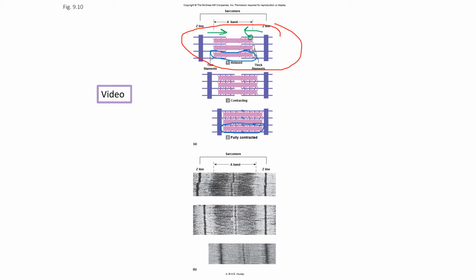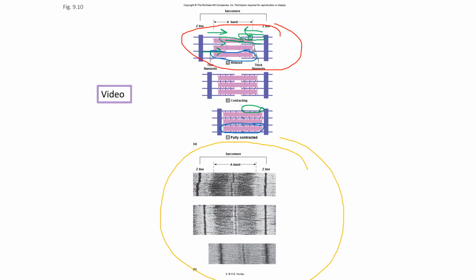And likewise, is the actin down here on the right side any shorter or longer than in the relaxed state? Answer is no. It's the interaction of the two, right? As the myosin pulls the actin, and in this case to the left, or in this case to the right, the overall effect is to shorten the sarcomere. And that's what we're seeing here in the lower part of the diagram.